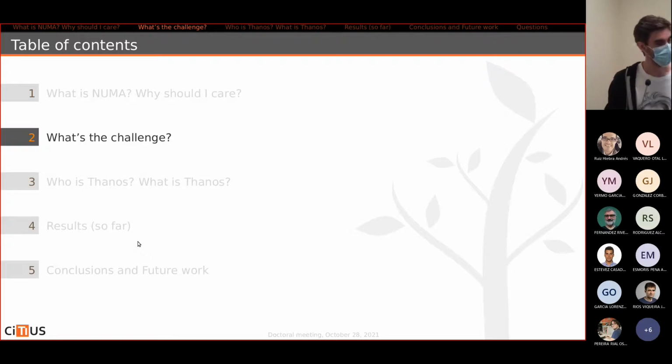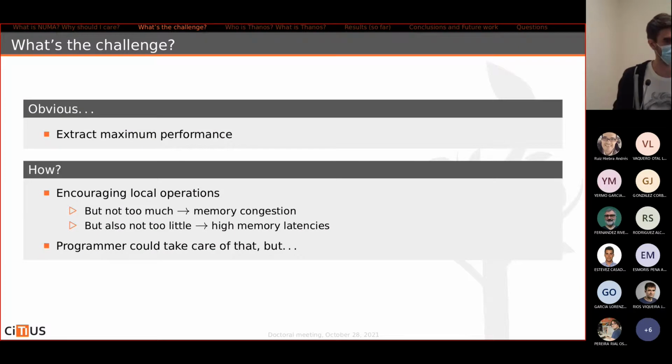We can now move on to the challenge of these systems. And well, it's pretty obvious. We want to extract the maximum performance we can from these NUMA systems, but it's kind of tricky because, as we mentioned before, latency for local operations is lower.